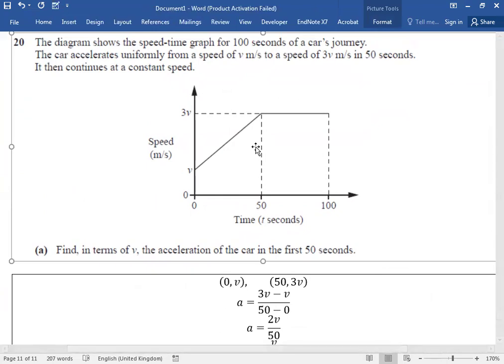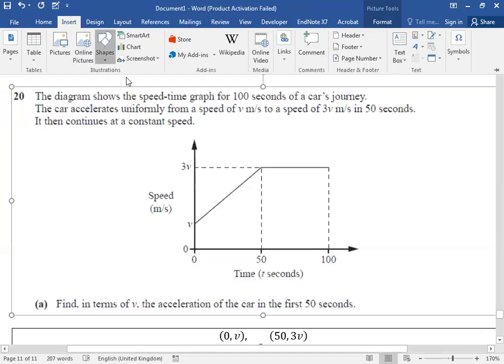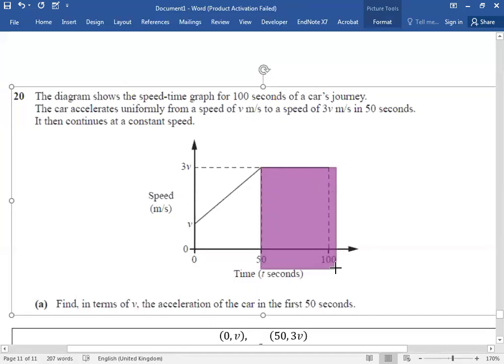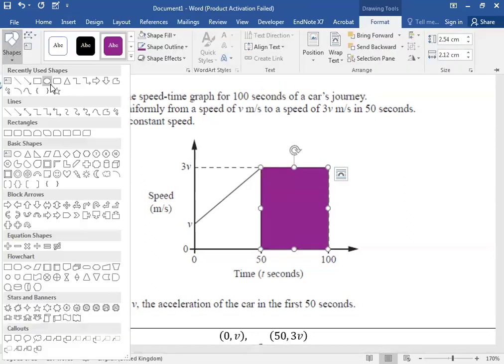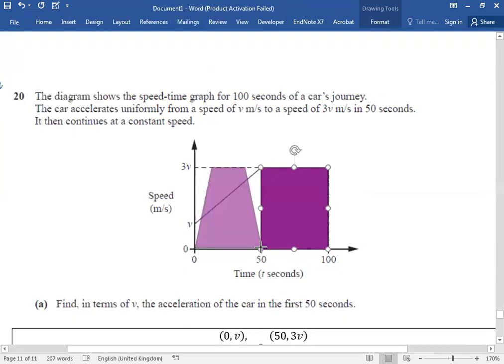So area under a speed time graph is your distance traveled. Now you can split this into 2 shapes. One is this rectangle, area simple. And another area is your trapezium.